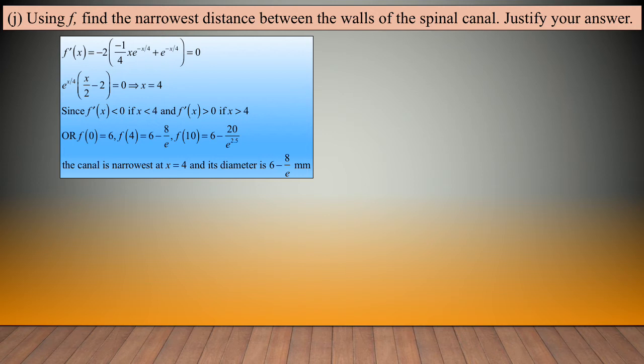Alternately, you could look at f of 0, which is 6, f of 4, which is 6 minus 8 over e, and f of 10, which is 6 minus 20 over e to the 2.5.